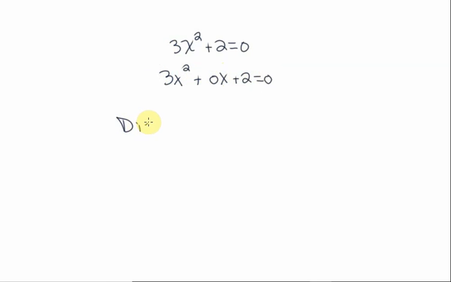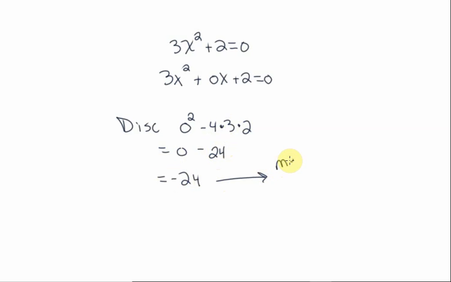So if I look at my discriminant, b squared, so 0 squared, minus 4 times a times c. So let's see, what's this going to be? 0 minus 4 times 3 is 12, times 2 is 24. 0 minus 24 is negative 24. So that's a negative discriminant.